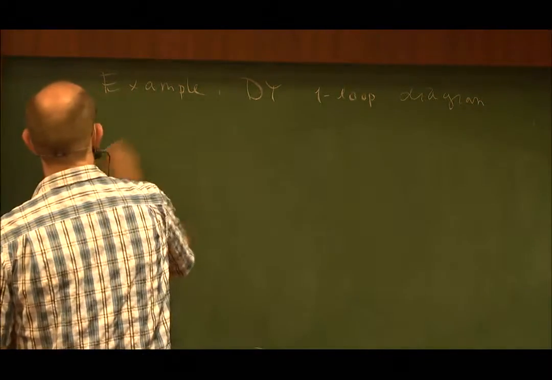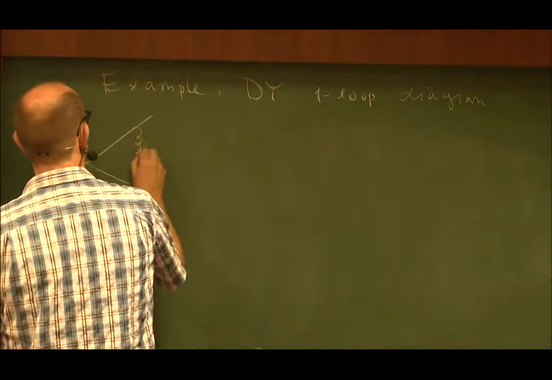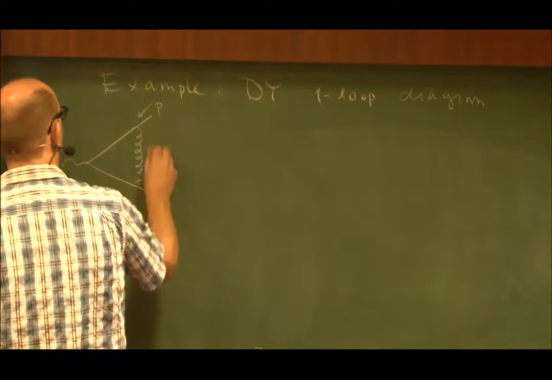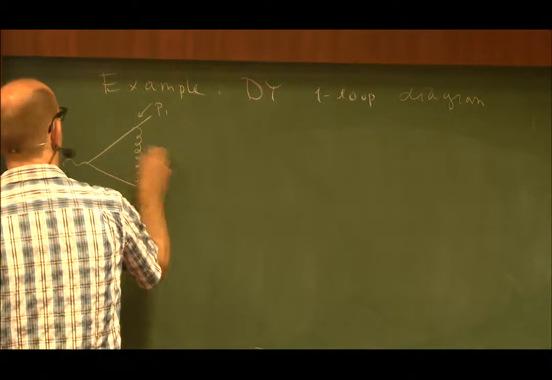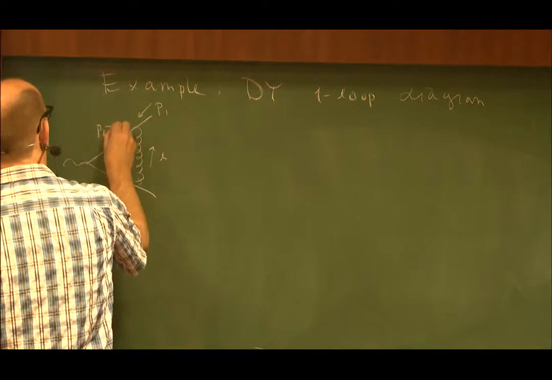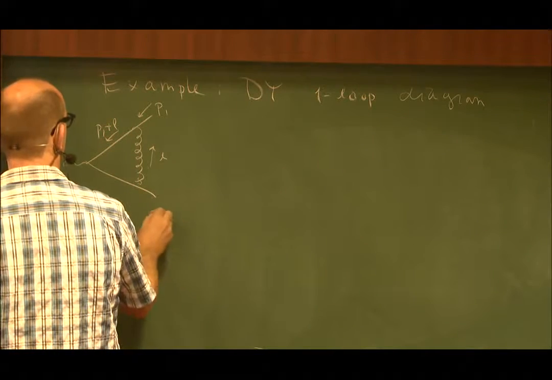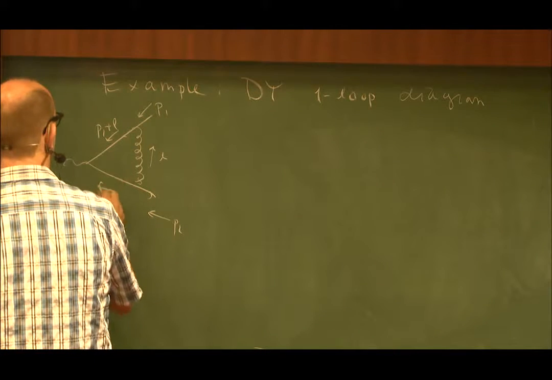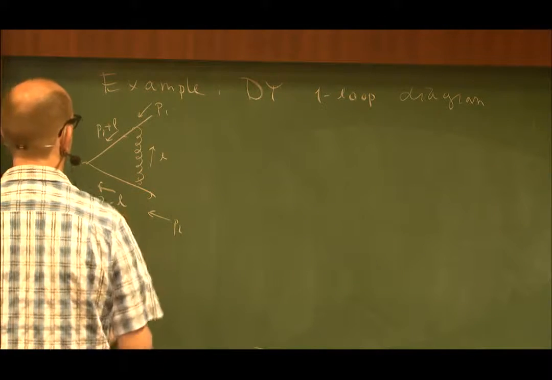Essentially something we looked at before. So we have two incoming quarks. Here's the incoming quark with momentum P1, L, here goes P1 plus L. Here comes P2, that's the antiquark. And here goes P2 minus L.